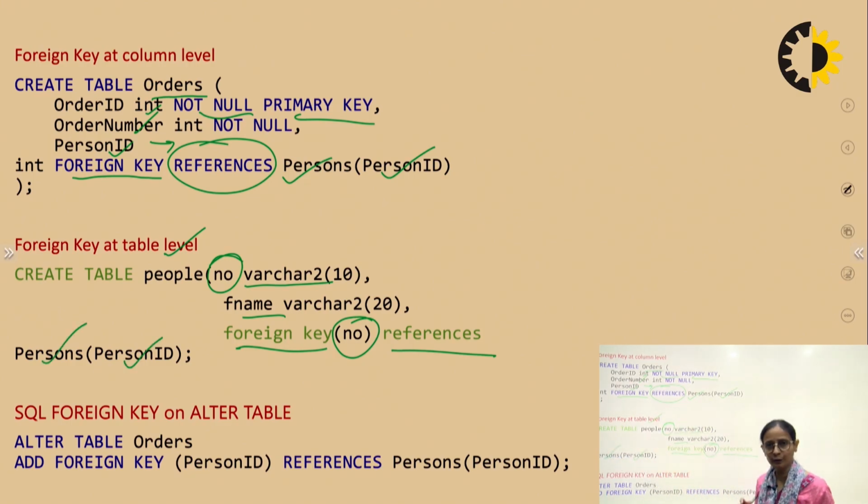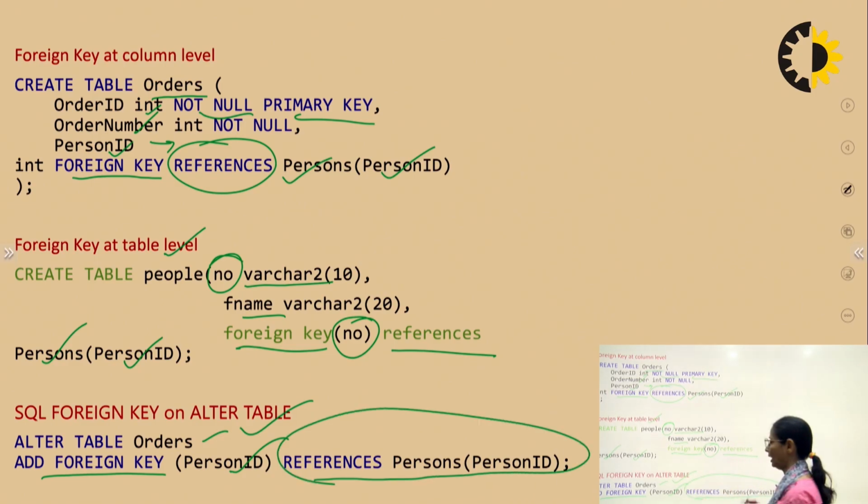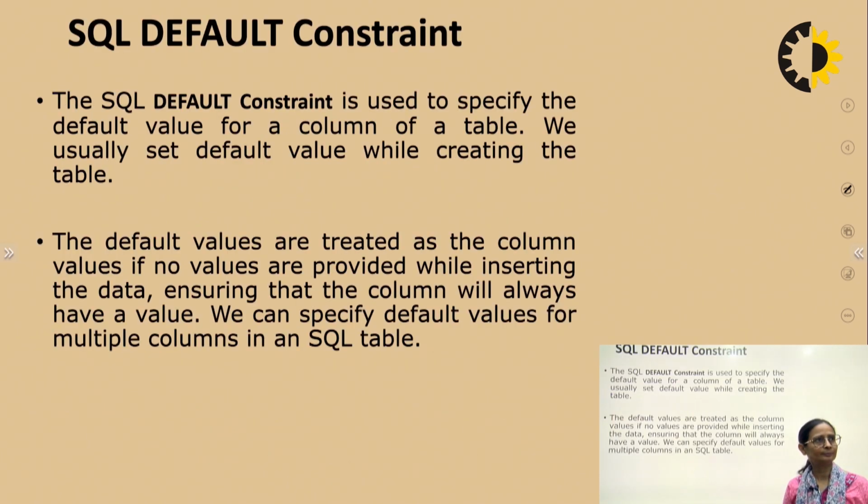That is, whenever you are using the foreign key, you always need to give the table and the column name to which you want to refer with the help of the keyword REFERENCES. What if I want to add the foreign key using the alter table command? Then in that case, ALTER TABLE orders ADD FOREIGN KEY, then the column name, REFERENCES, all these things are the same as the previous one.